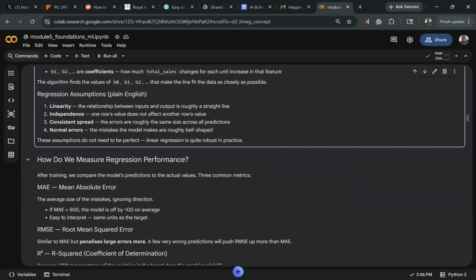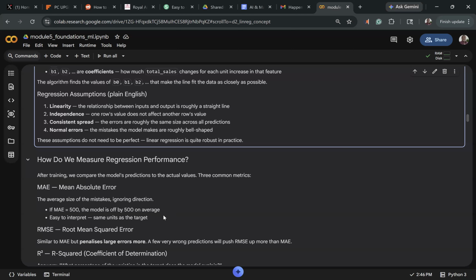So how do we measure regression performance? The first one is mean absolute error. The mean absolute error takes the average size of the mistake, ignoring the direction. Sometimes our error could be negative. How do we get the error?